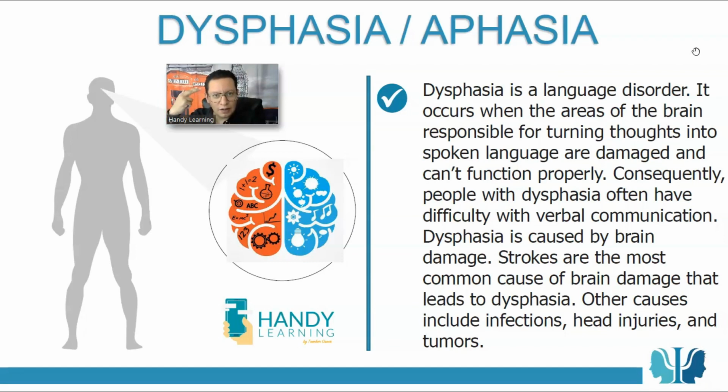So you are thinking about the ideas, but the process of bringing those ideas into spoken language does not occur. So people with dysphasia often have difficulty with verbal communication. This is caused by brain damage. It could have been created by strokes, by some damage in the head, something like that, an accident. It could create dysphasia.